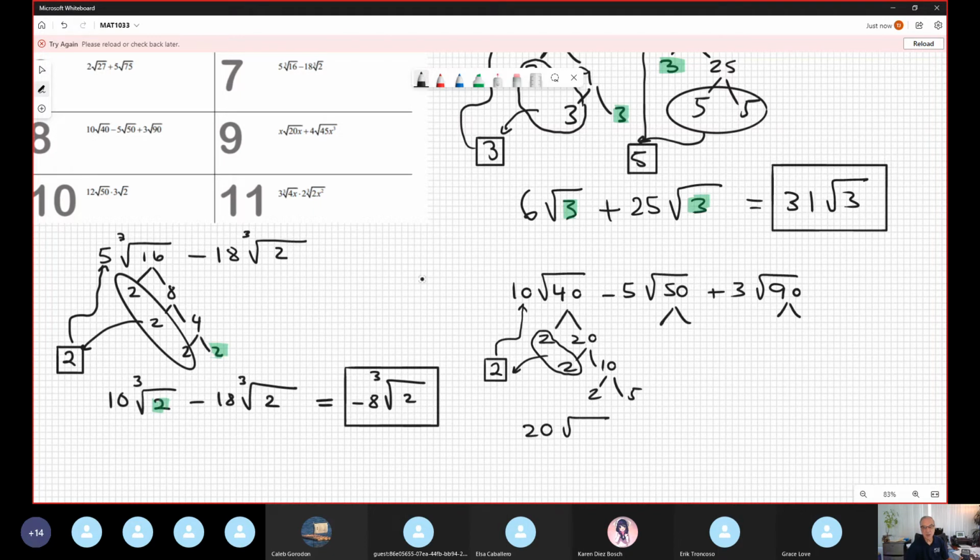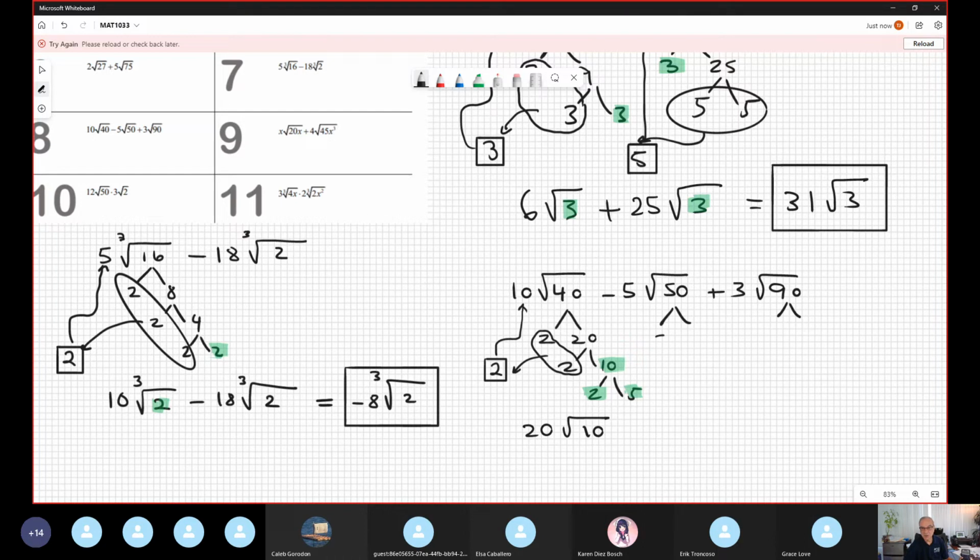The factor that stays inside is 2 and 5 together, so it's totally unnecessary to write 2 times 5. No, 2 times 5 is 10. This is the simplification of the first one.